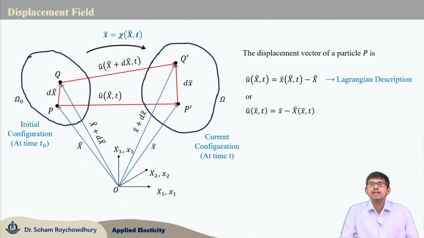Now, coming to the definition in the spatial or Eulerian description, u is once again small x minus capital X, but here capital X and u both are written as functions of small x. So, if we are expressing all the quantities as functions of deformed coordinate small x, then that is the Eulerian description. So, u(x, t) equals small x vector minus capital X, which is also a function of small x comma t.